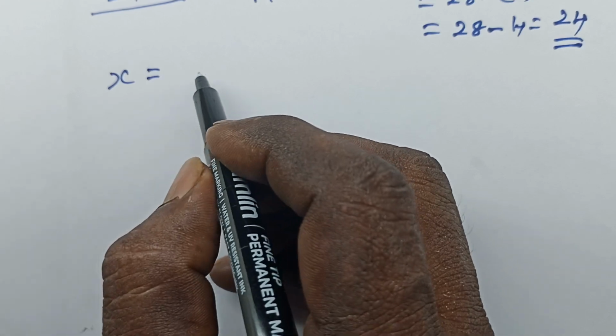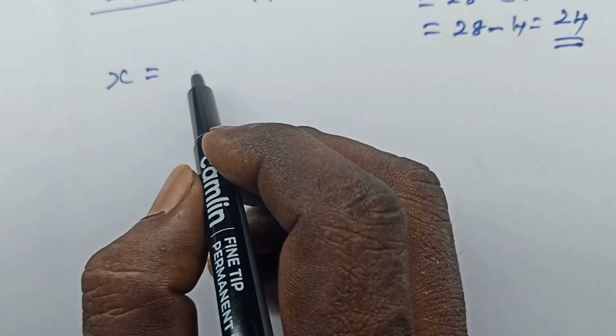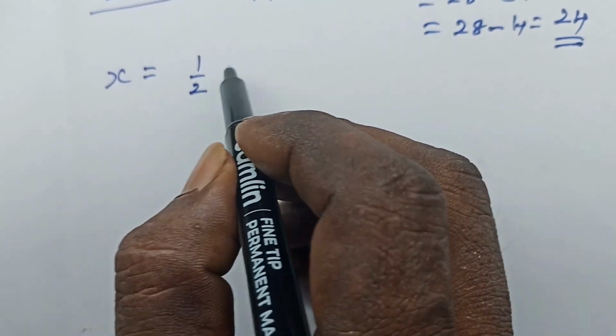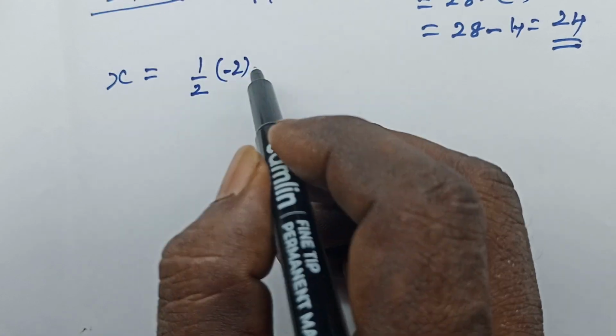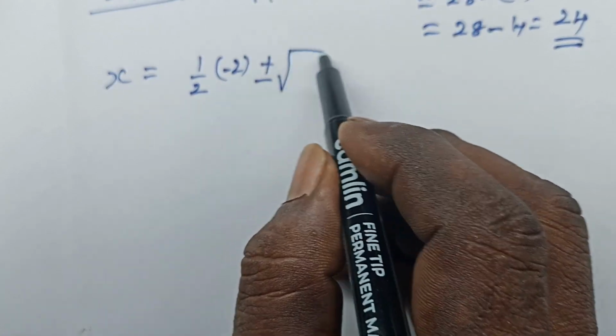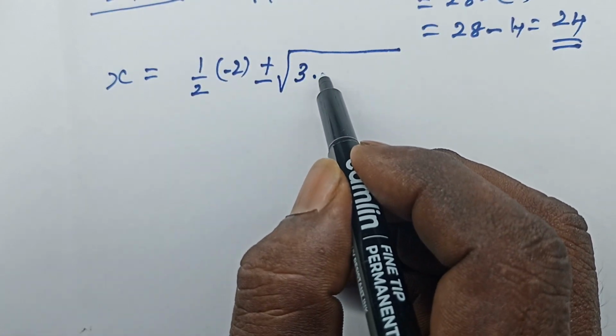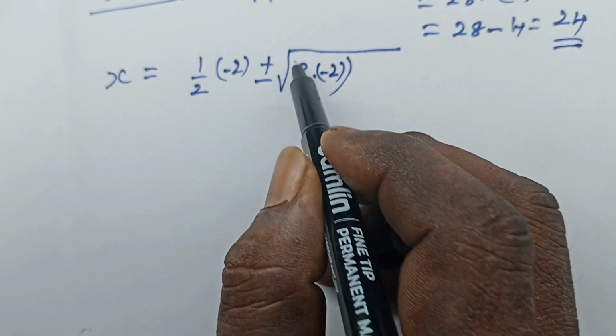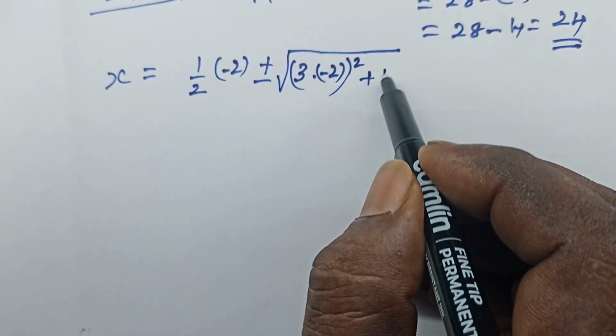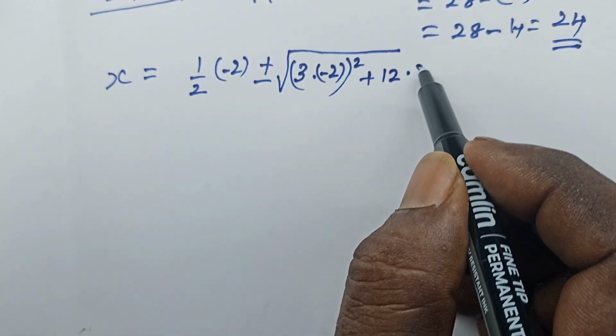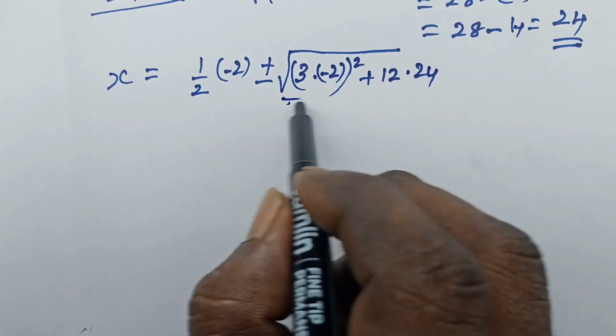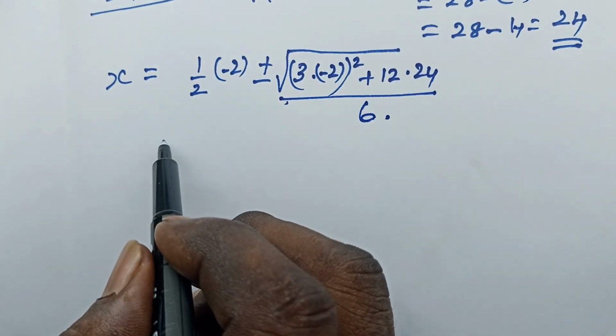x equal to 1 by 2, f1 minus 2, plus or minus root of 3 into minus 2 f1 whole squared plus 12 into f2, 24, by 6.